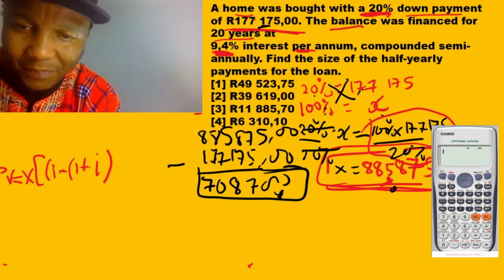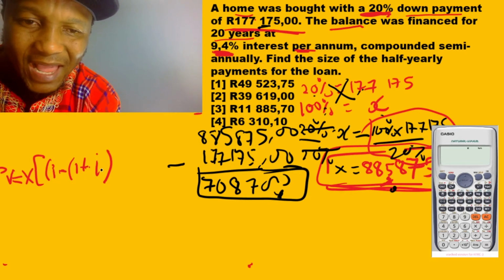But there's something very, very important here. Whenever there's an interest rate, make sure you divide it by M.